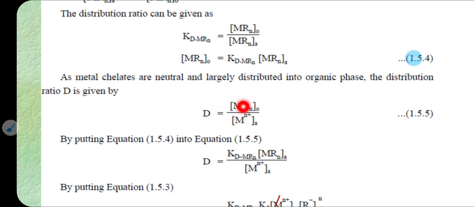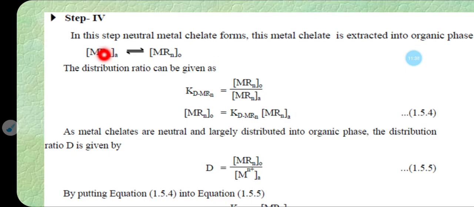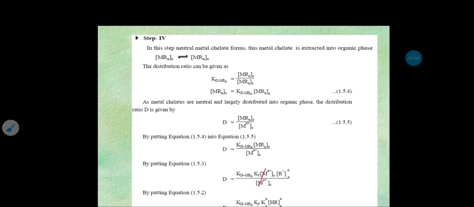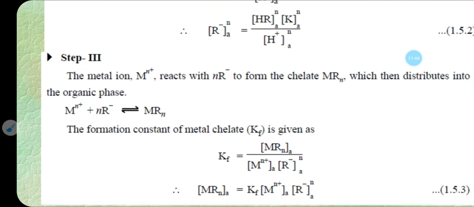So D is the total concentration of metal chelate in organic divided by the concentration of metal ion in aqueous, because in aqueous the metal chelate will be ionized. This reaction is reversible and goes as mentioned in the third step, that is, the metal chelate in aqueous may again go into the metal ion and R-.